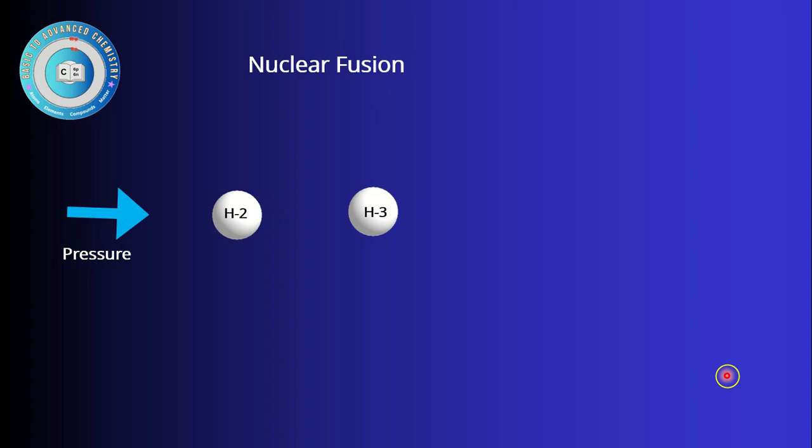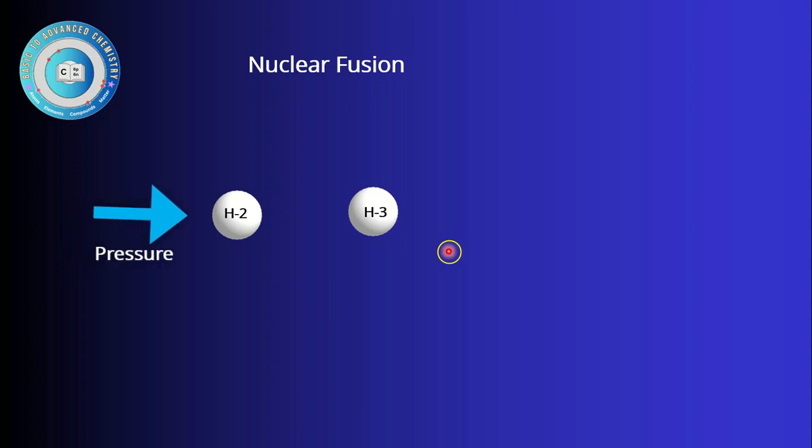So let us see this by using a visual representation of nuclear fusion. In the nucleus of the Sun, hydrogen-2 fuses with hydrogen-3 in the presence of high pressure and high temperature. So helium is formed and energy is released. So let us see how this works.